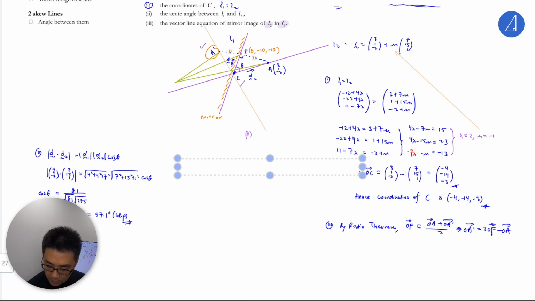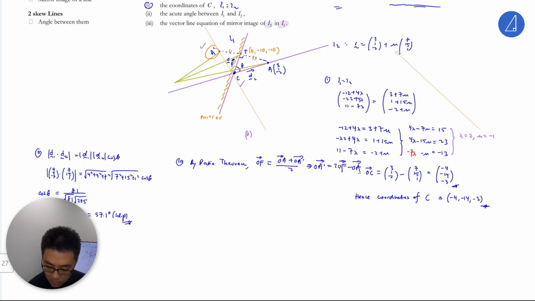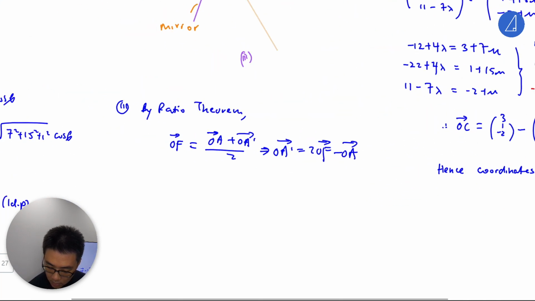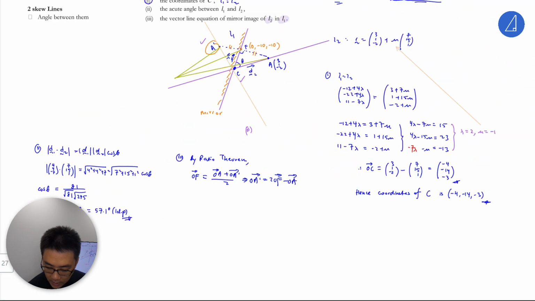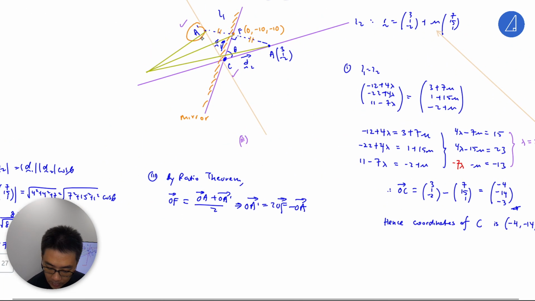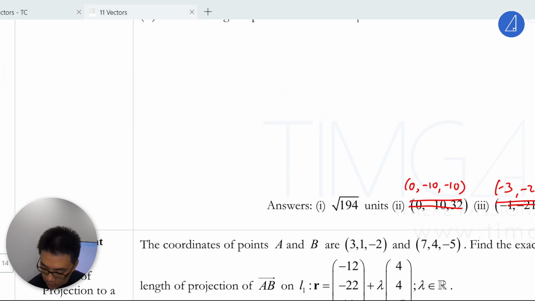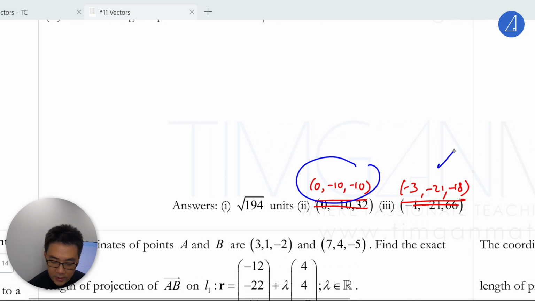So my part C. Then OA prime is what I need to find. OF I know from the first question is this. I could use this, not an issue, but a lot of times you find a foot of perpendicular, then you need to use the ratio theorem.